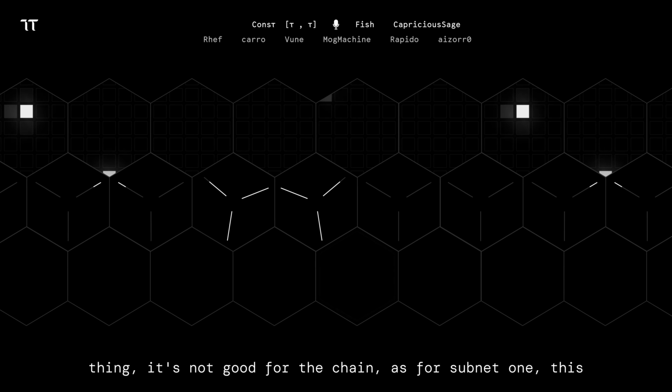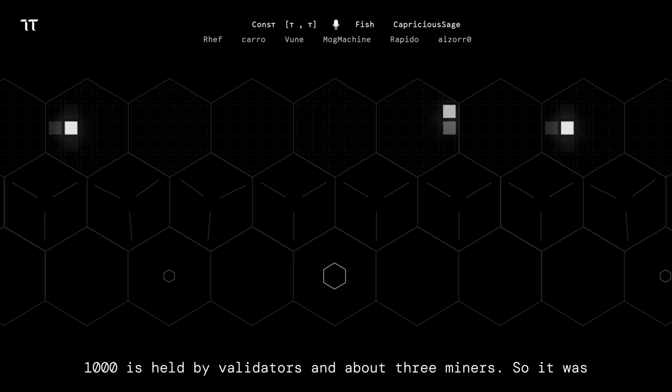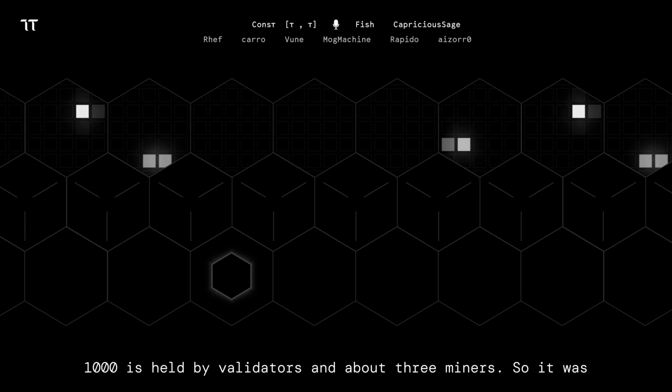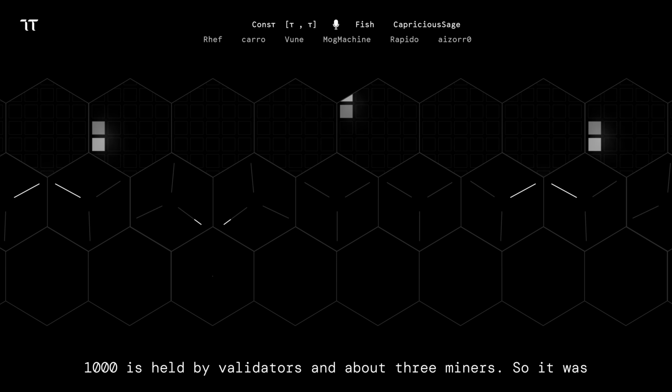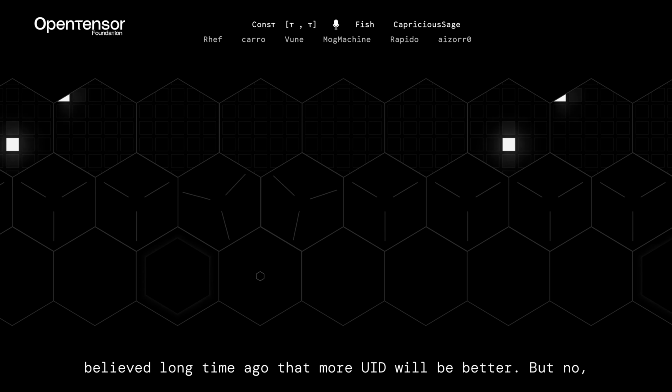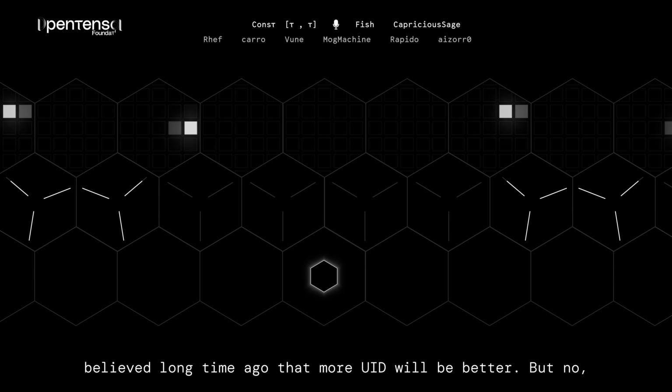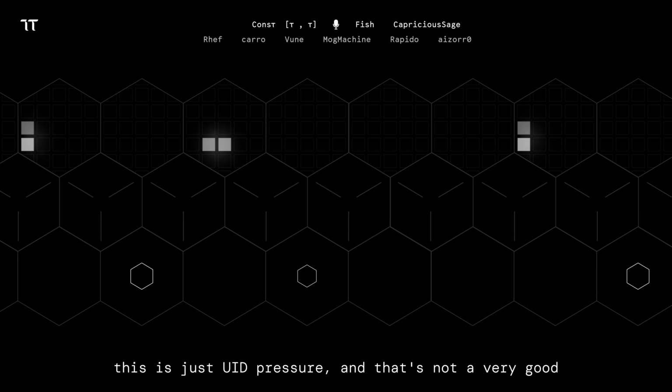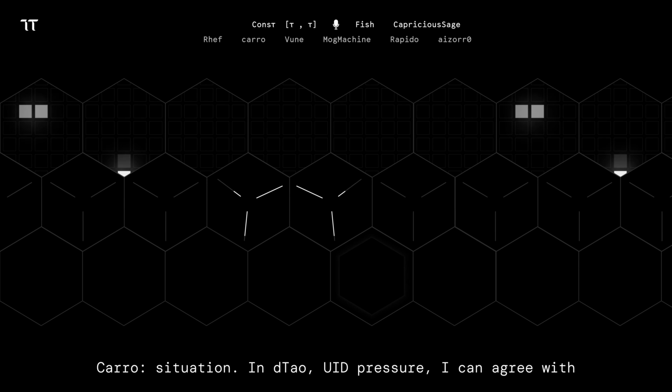As for subnet 1, this 1,000 is held by validators and about 3 miners. It was believed a long time ago that more UIDs would be better, but no, this is just UID pressure, and that's not a very good situation.